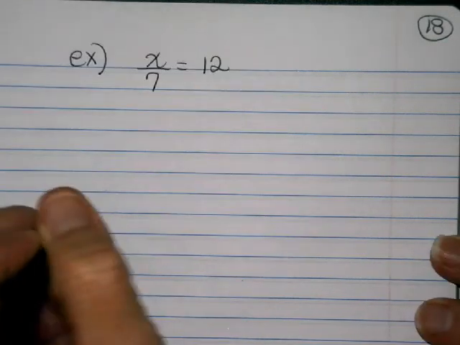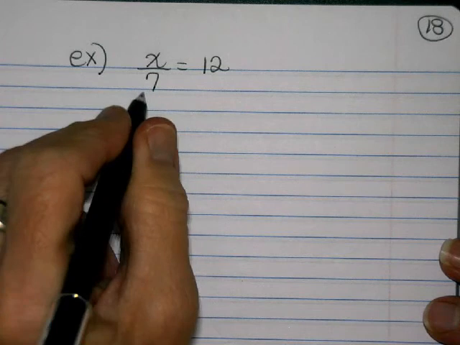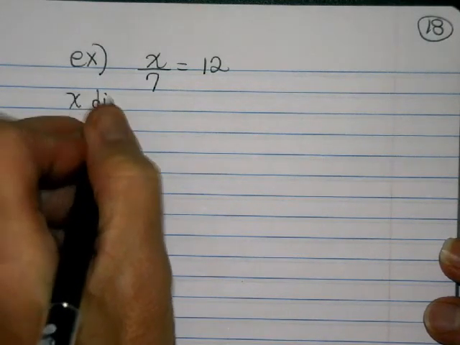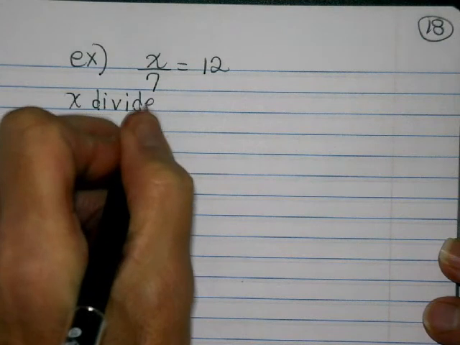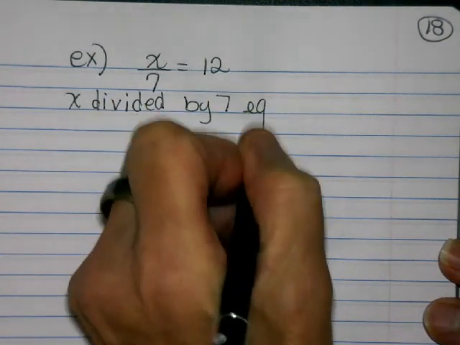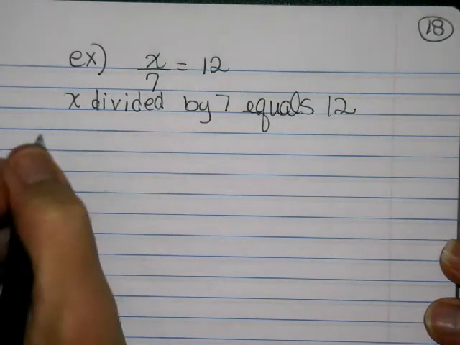If I read this, this reads x divided by 7 equals 12.